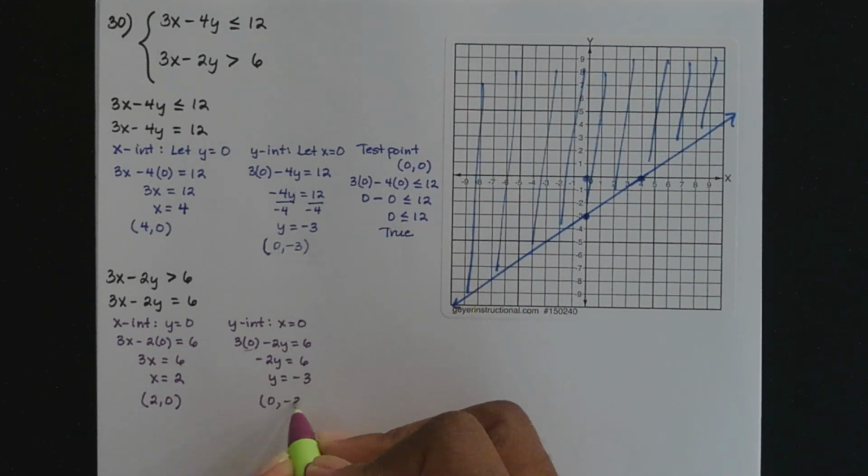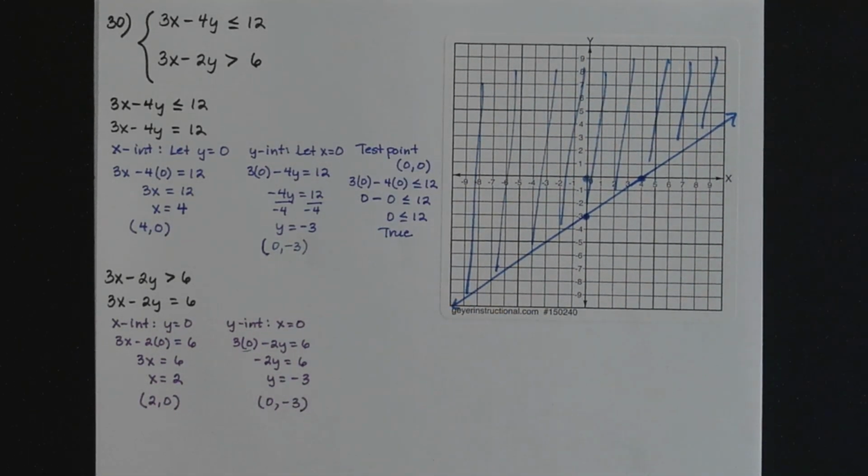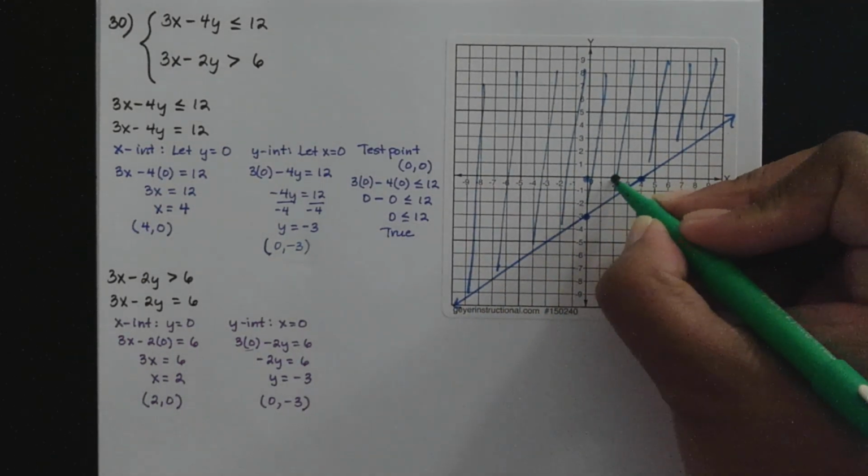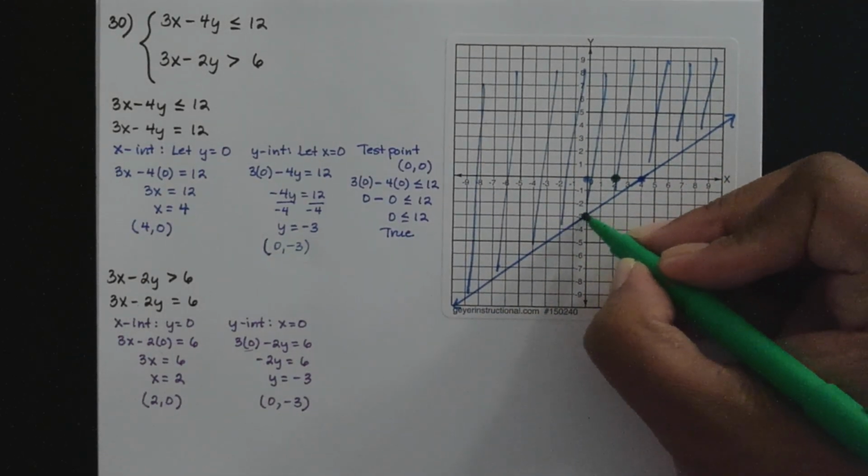So 0, negative 3 is my y-intercept for that line. All right, so 2, 0 is here. 0, negative 3 is down here.